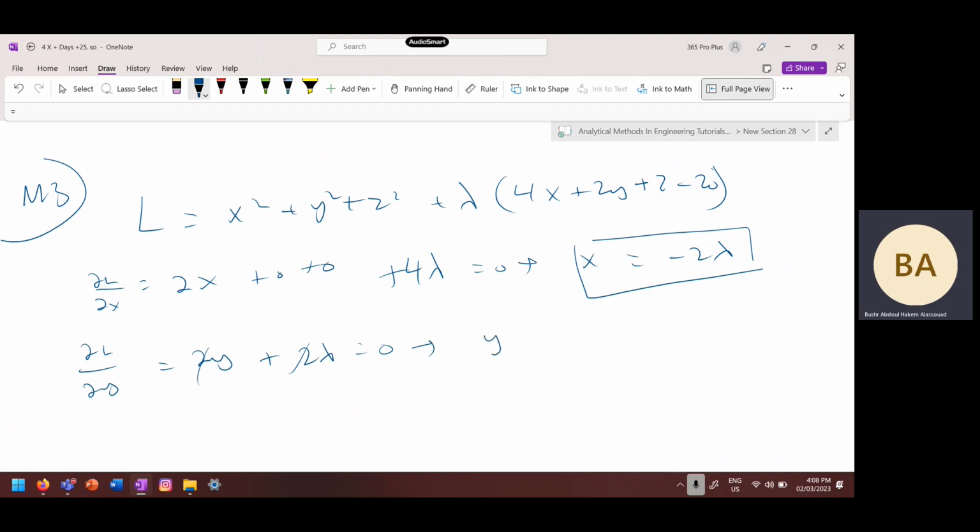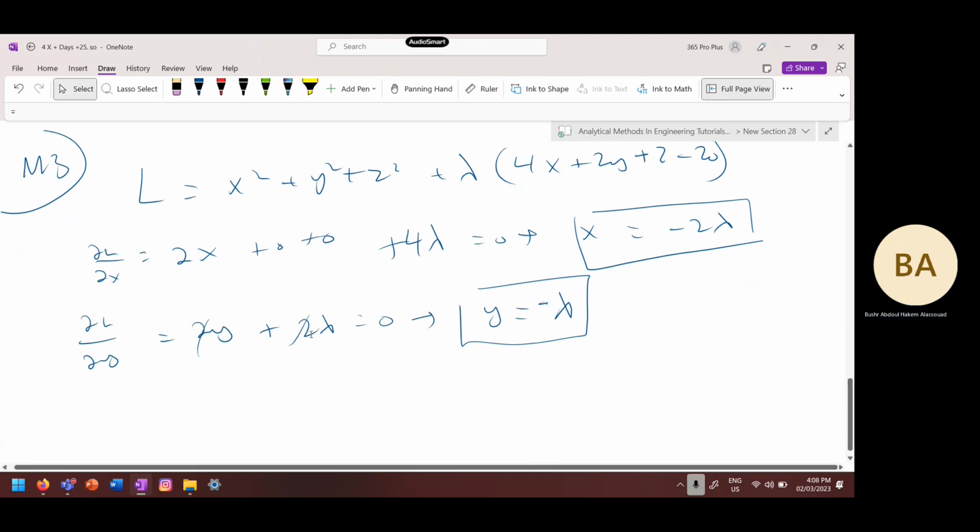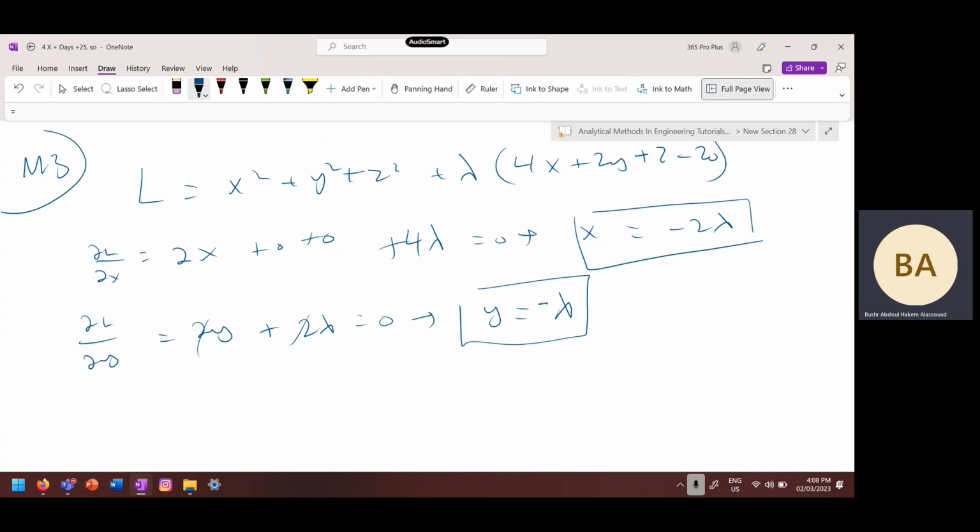You will have that y is equal to negative lambda. Okay, go back to the Lagrangian. Partial L over partial z. You have 2z plus lambda equal to 0. So z is equal to negative lambda over 2.